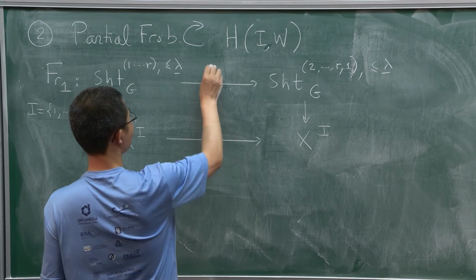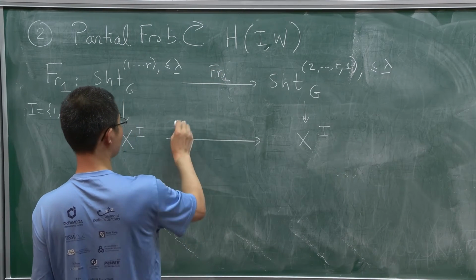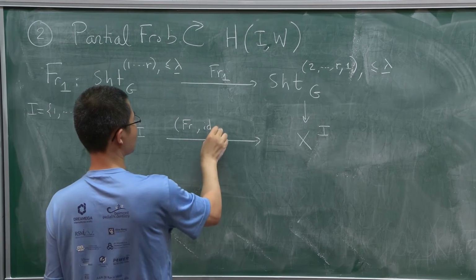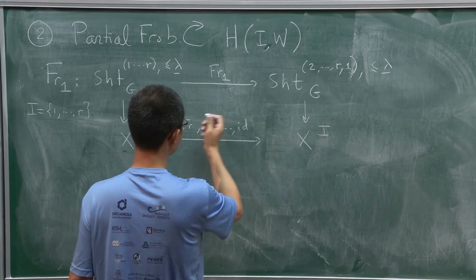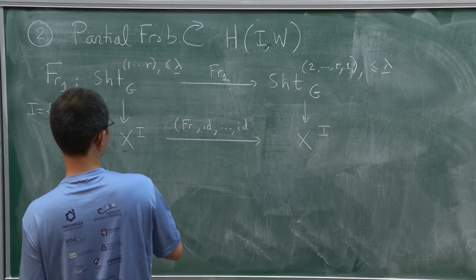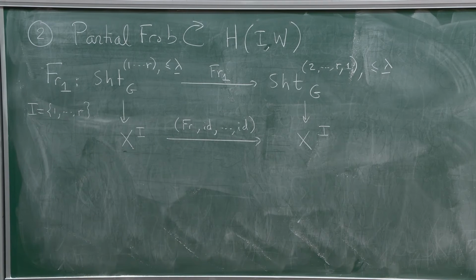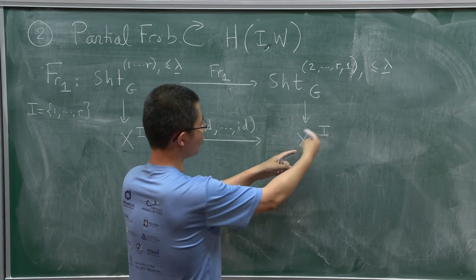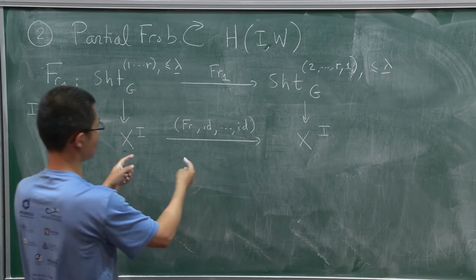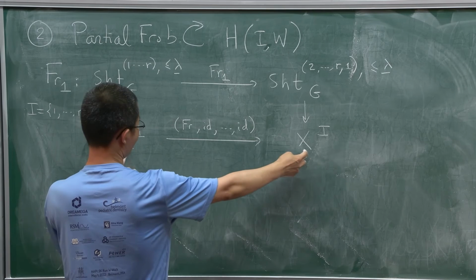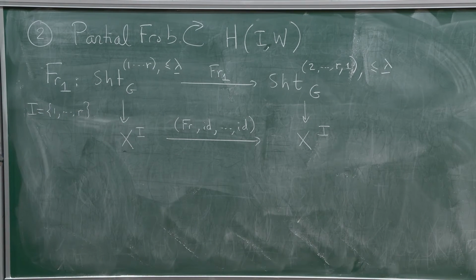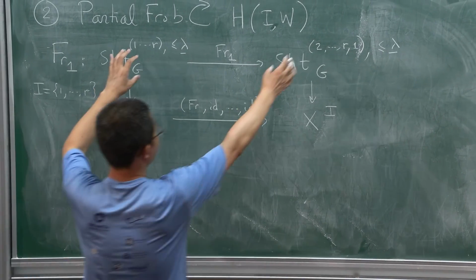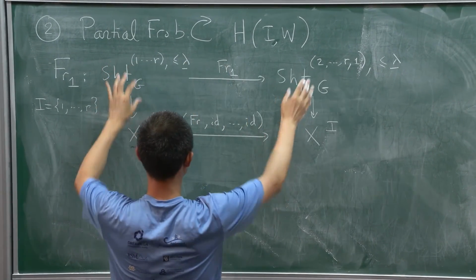And then this partial Frobenius is compatible with the Frobenius on the first coordinate and identity on the other coordinates. I'm still sort of using the ordering, but here I have renumbered the legs such that the first coordinate still goes to the first coordinate. So the IC pulls back to IC.